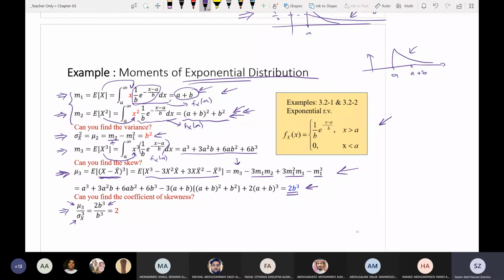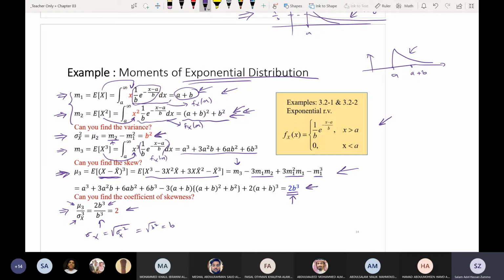The mu3 is as we have found it here, and the standard deviation is the square root of the variance that we have found before, which is the square root of b squared, which is b. So the standard deviation to the power 3 is b cubed, and dividing this we get 2.